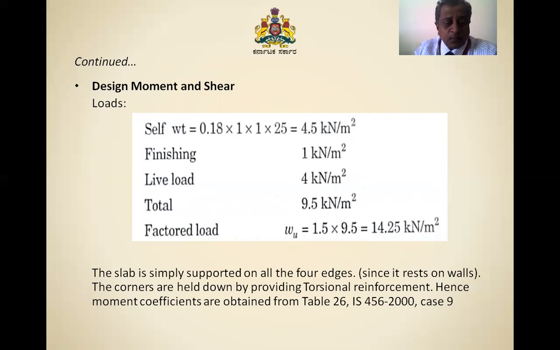The slab is simply supported on all the four edges since it rests on the wall, but the corners are held down, so torsion reinforcement needs to be provided here. Hence the moment coefficients are to be obtained from table number 26 of IS 456 Annexure D, case number 9.